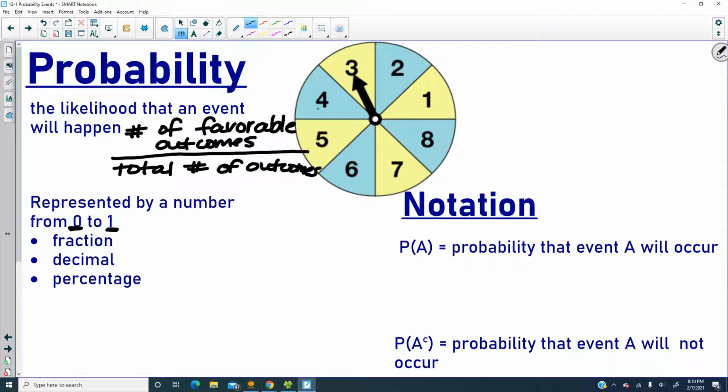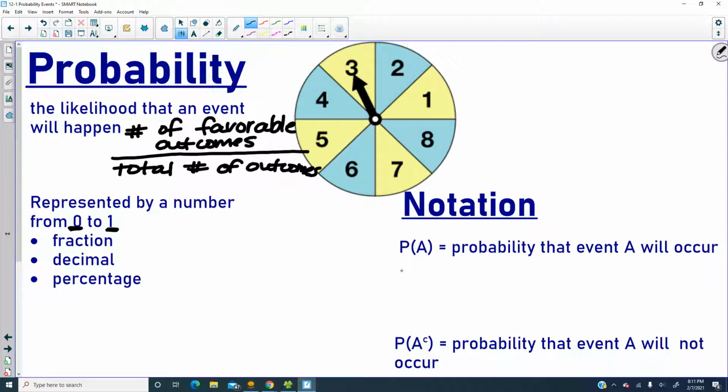So if I were to look at this spinner, you'll notice that the spinner is divided into 8 equal sections. Let's say I'm going to win this game if I spin the spinner and get a number less than 3.